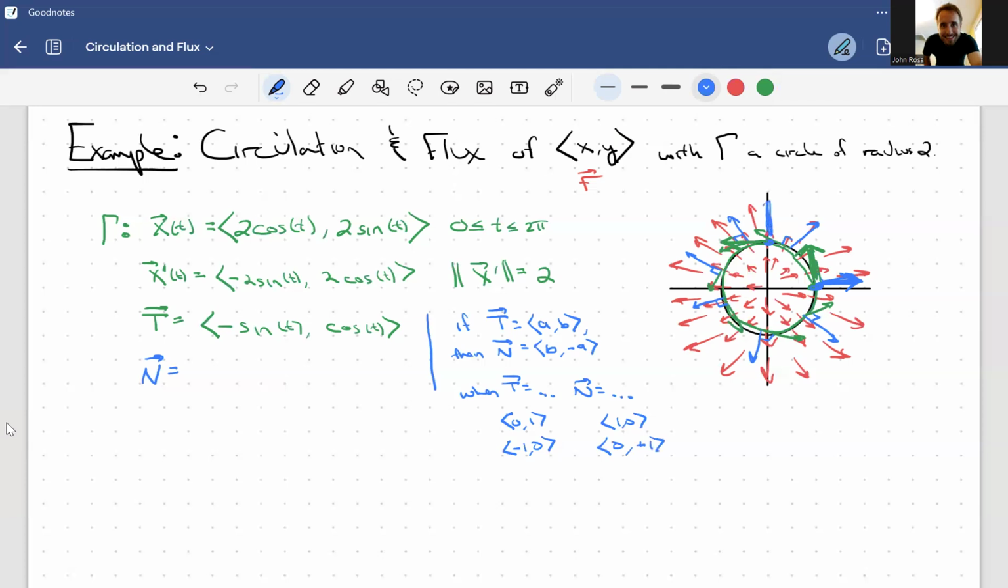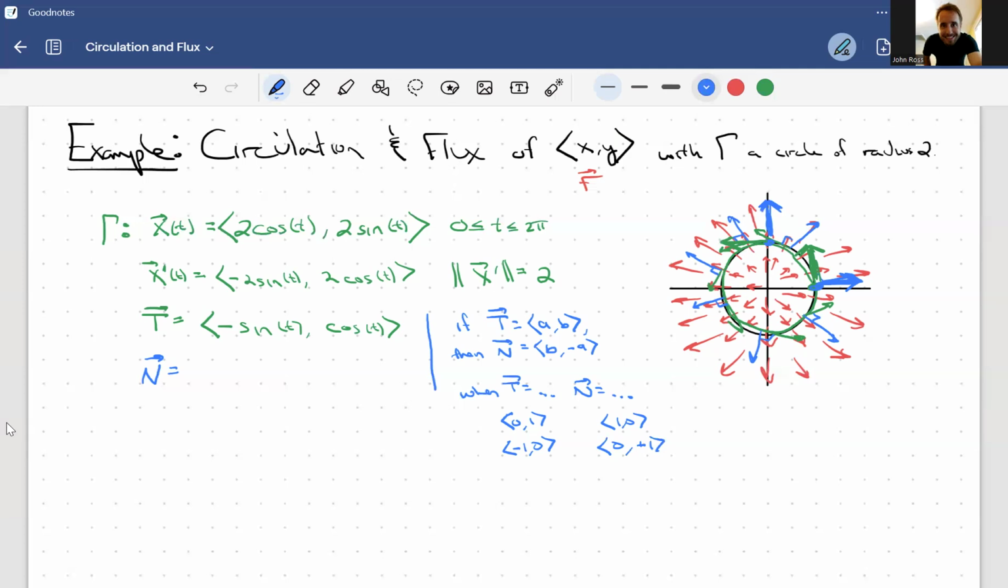And indeed, at that point, our unit normal vector will be pointing straight up in the 0, 1 direction. So, two examples does not make a proof, but you'll see that every time we have a unit tangent vector of the form a comma b, then the normal vector can be computed by flipping the position of a and b and flipping the sign on the a quantity, making it negative.